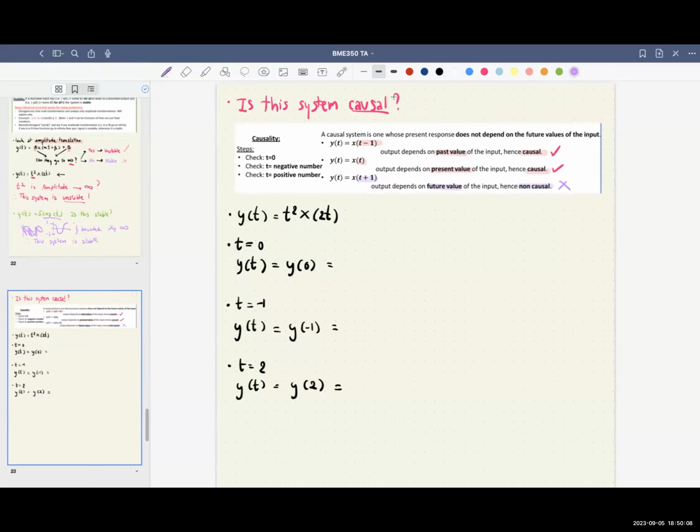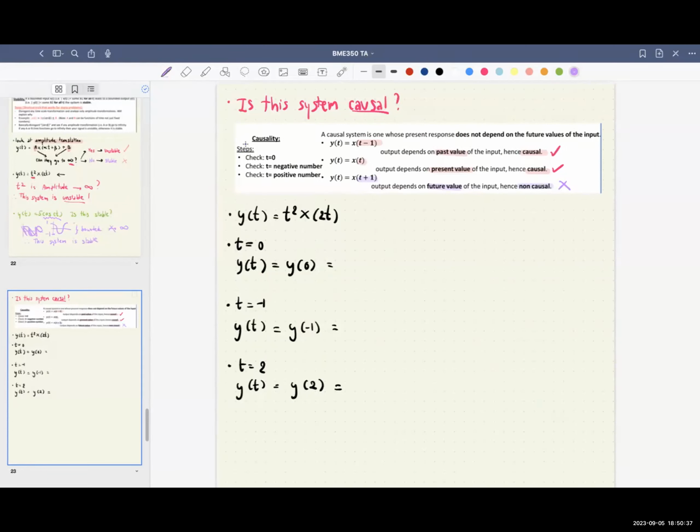If something can cause something, it has to have the effect from the past or the present. So if our system depends on the past value, yeah, it's causal. And if our system depends on the present value, yeah, it's causal. However, if our system is dependent on the future value, this is not causal.